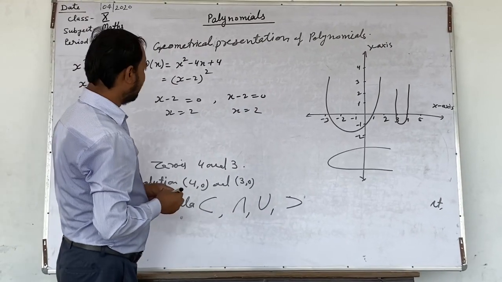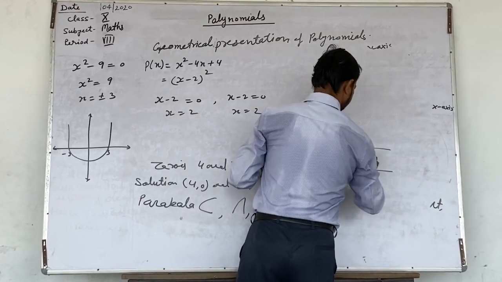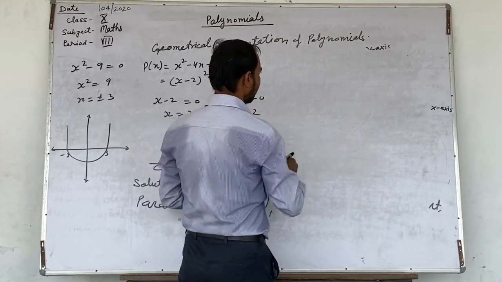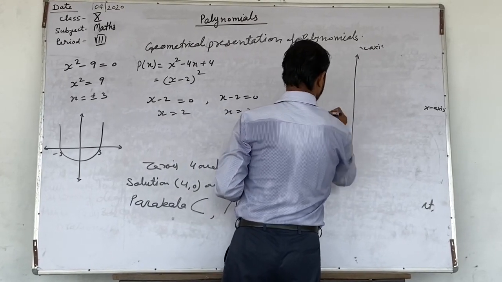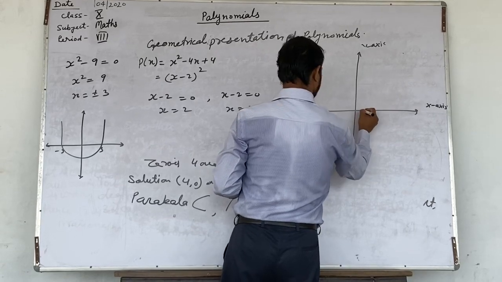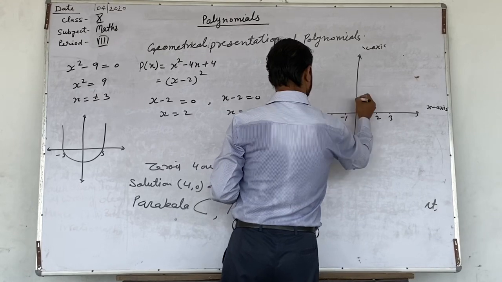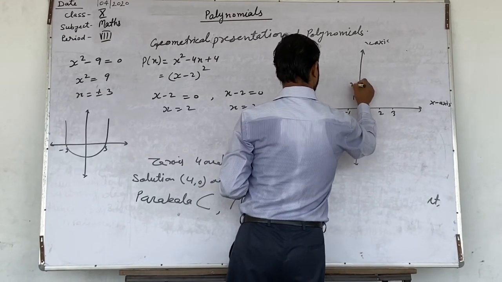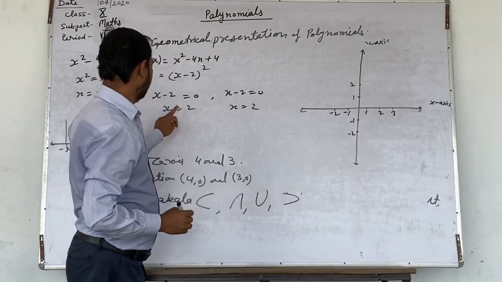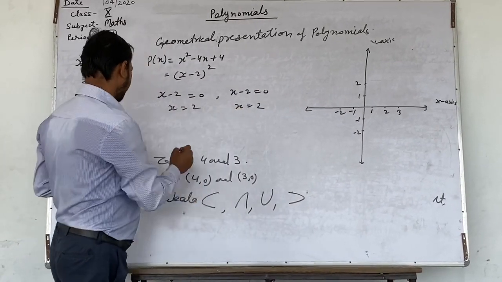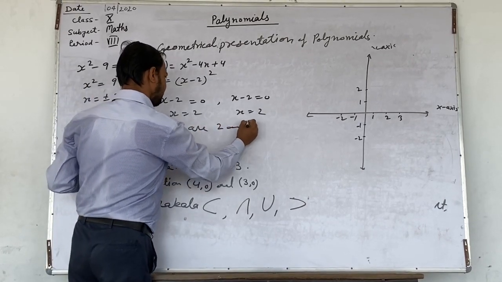If you draw the graph for this, you will find that both these zeros are 2 and 2.